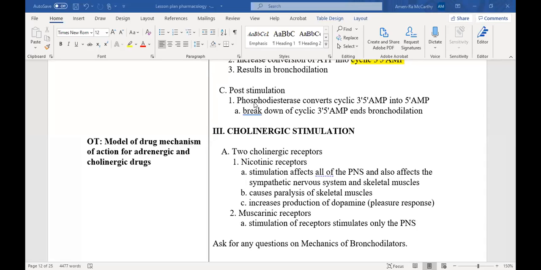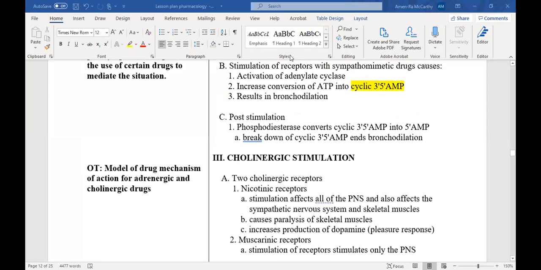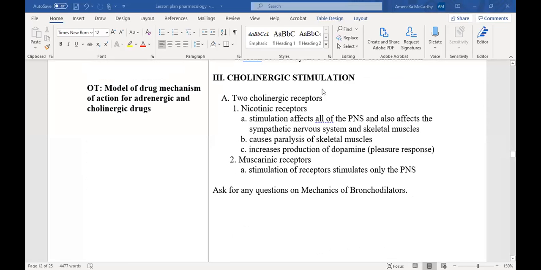So after the stimulation is there, it starts to end because of phosphodiesterase. But if we want to, we can take a drug that will block phosphodiesterase and keep our 3,5 AMP. Now, that was the adrenergic stimulation. You take an adrenergic bronchodilator, aka sympathomimetic drug, and it's going to hit either the alpha, beta 1, or beta 2 receptor.